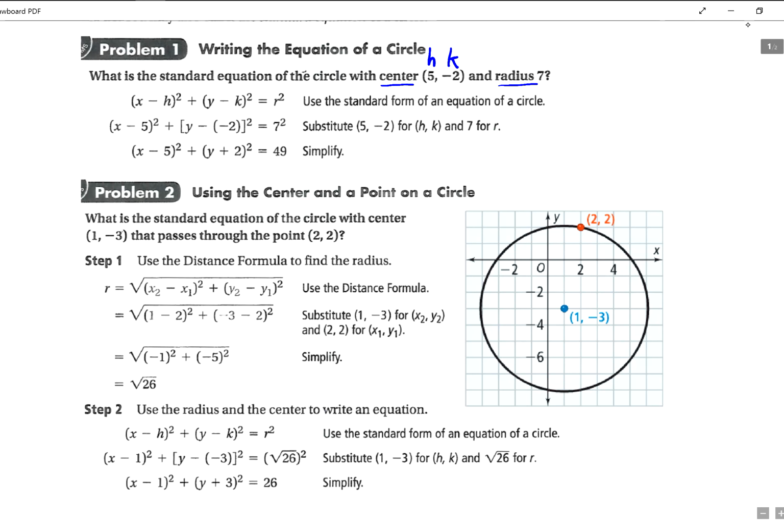Now, something to notice here, this is one of those equations that starts out negative. This is x minus whatever value of h and y minus whatever value of k we are given. So here our h is positive, so it's just x minus 5, and our k value is negative, so it's y minus, and then we substitute -2.